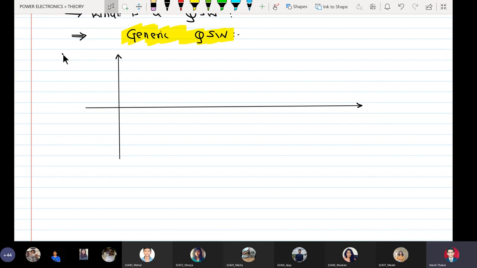Let this voltage be represented as VQSW of t, Cauchy square wave. This is T. So 0, T by 2 and T.